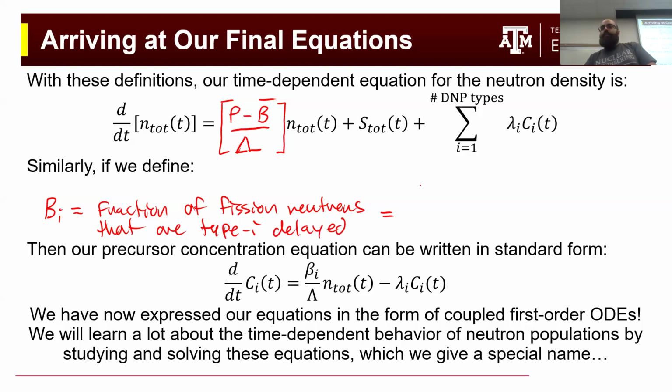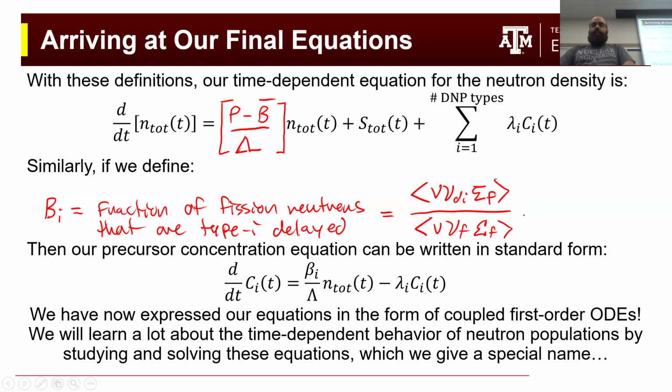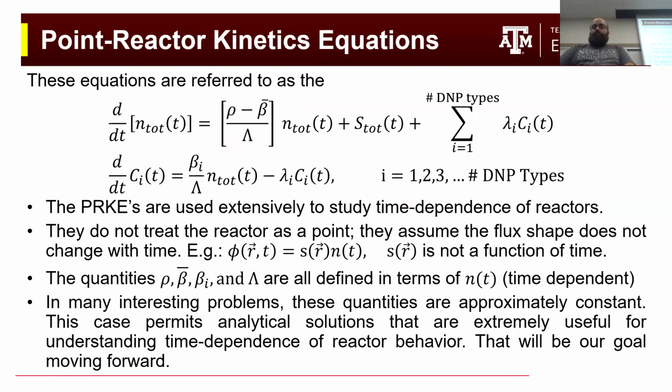And then by definition, that looks like V times nu di times sigma F over the total, so V times nu F times sigma F.